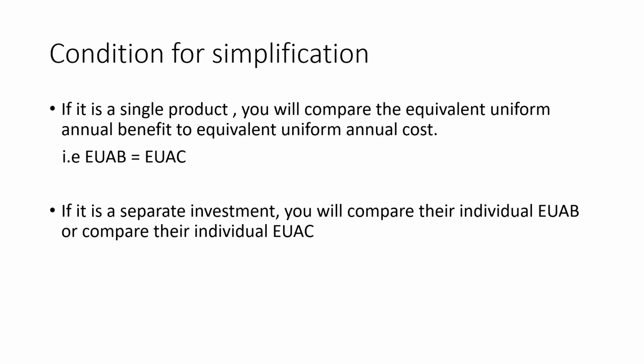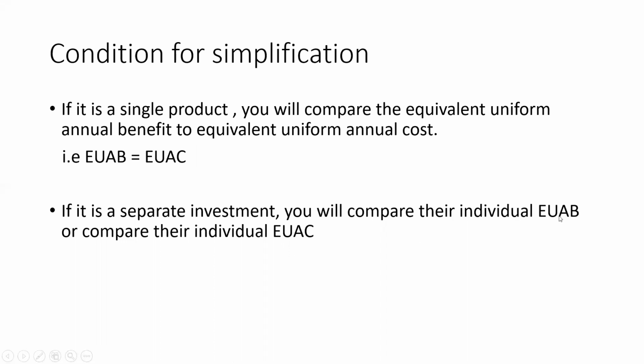What am I saying? Let's say, for instance, I'm considering investment A, investment B. Investment A is going to have an EUAB, that means equivalent uniform annual benefit. Investment B is still going to have an EUAB. They will both equally have their EUAB. So I compare them.